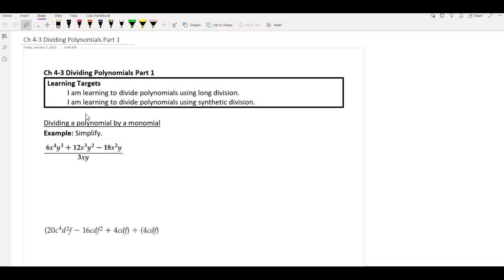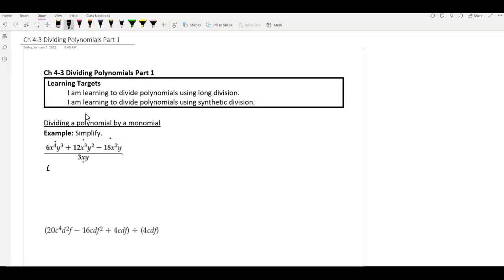So this first one says dividing a polynomial by a monomial. Poly meaning more than one, by monomial being one. So in a problem like this, I actually like to separate out each and every term. So we have 1, 2, 3 terms up top and 1 term in our denominator.